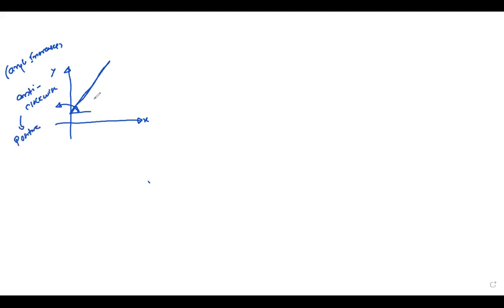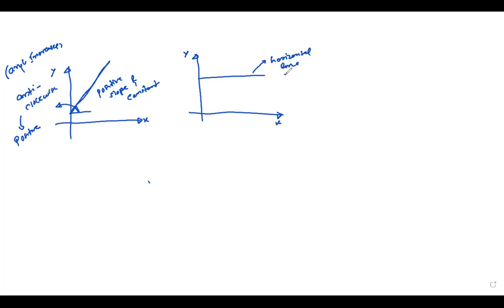So this is a positive slope, and a constant slope, right? From the graph itself we can see. Now let's draw another one. The y-axis is there. Now we are drawing our graph like this, a straight line. In this case, it is just a horizontal line. So slope is 0. Clear?